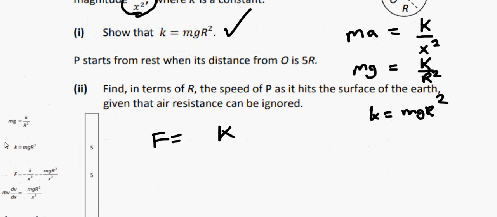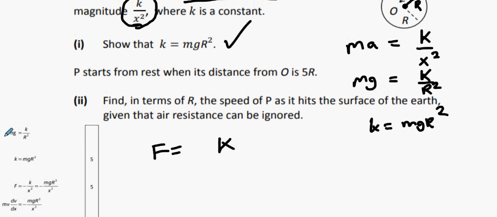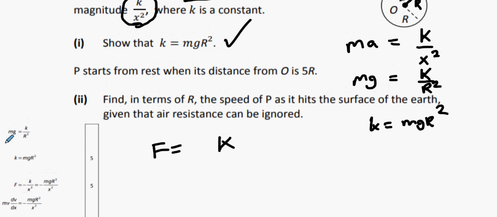I'm inclined just to go with the positive one. It says it's not negative for the first one. The first part of the mark scheme, it's not negative. It's not negative mgr squared, is it? So all of a sudden they want to take the negative out of nowhere. Let's find out why.